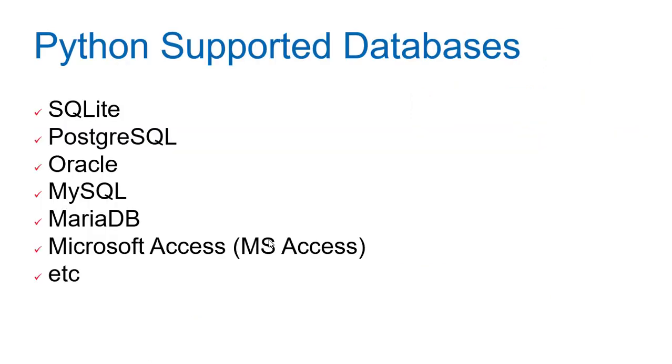Some of the databases that Python supports are SQLite, PostgreSQL, Oracle, MySQL, MariaDB, the Microsoft Access or MS, and some other databases. There are also many third-party applications available that can help you connect to unofficially supported databases.